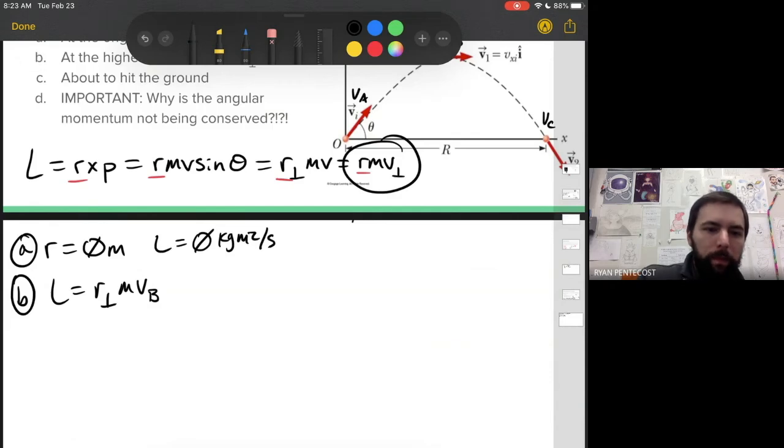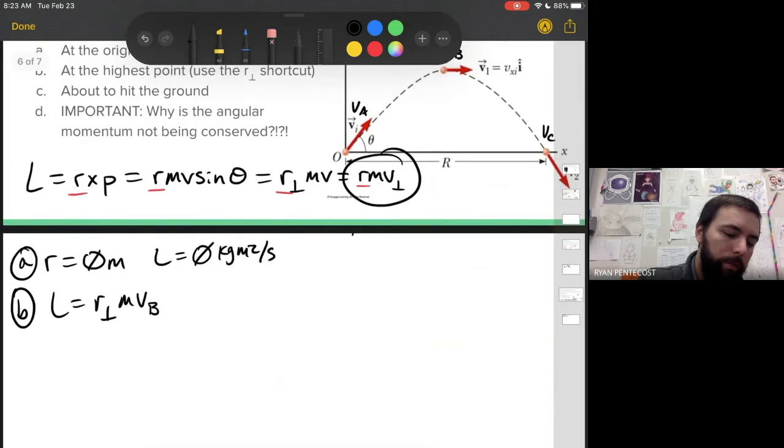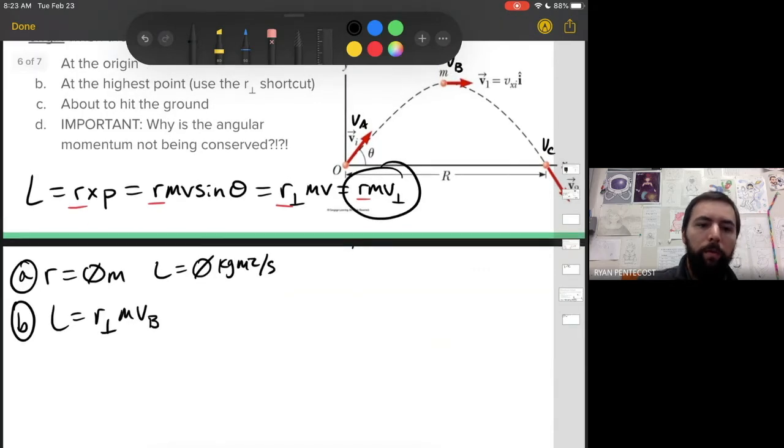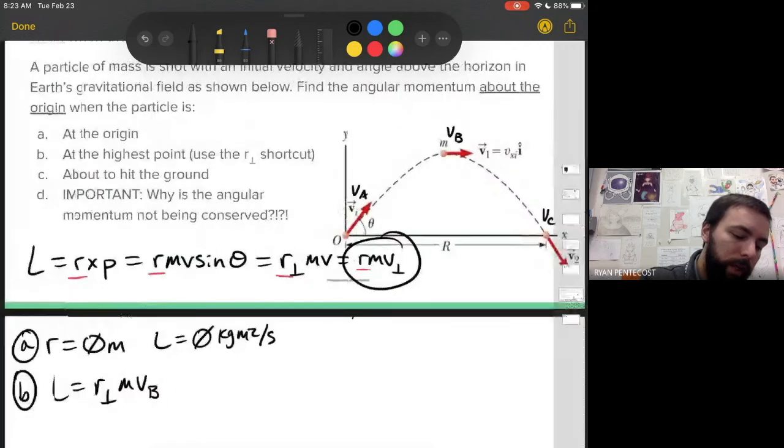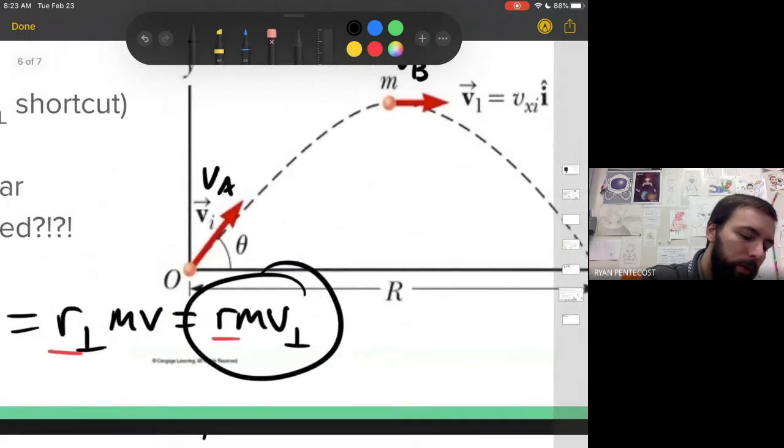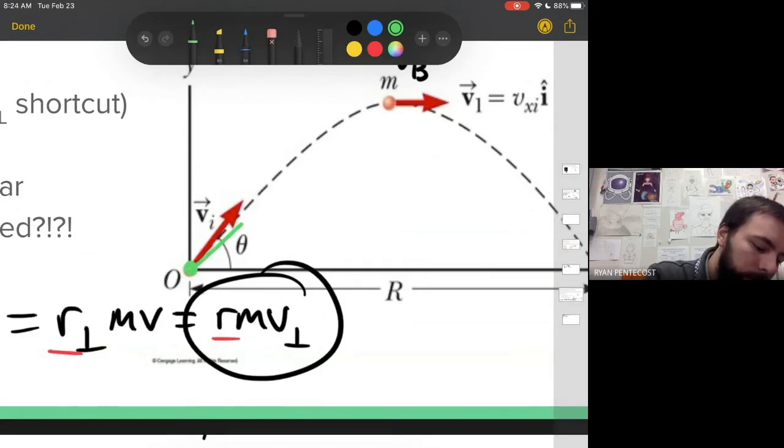Now, what we have here is that perpendicular R, right? If we can find the perpendicular radius of this object, we can find delta Y. So what we're saying is that the perpendicular radius here, we are not going to use this radius vector.